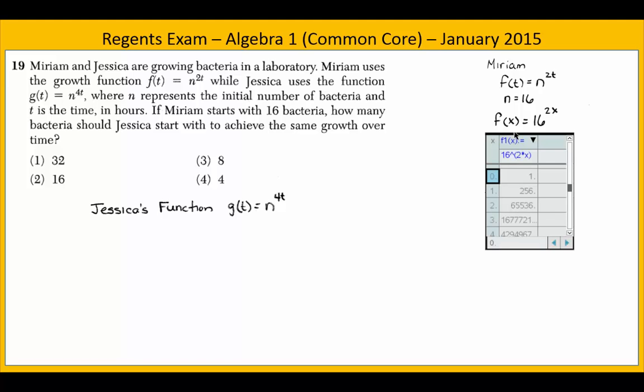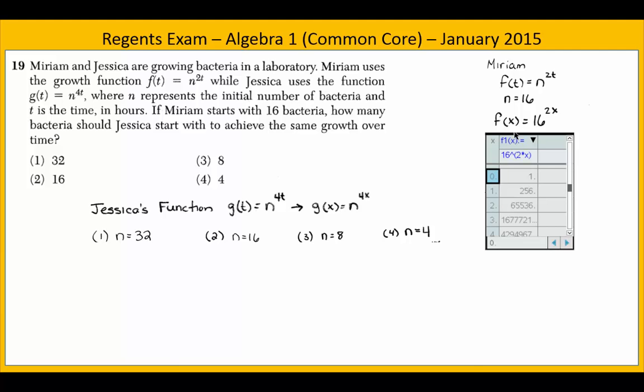If I look at a table of values for Miriam's function, I can see the number of bacteria that she had after the number of hours have passed. Let's take a look at Jessica's function. In terms of x, we have g(x) = n^(4x). We're told Jessica could start with 32, 16, 8, or 4 bacteria.